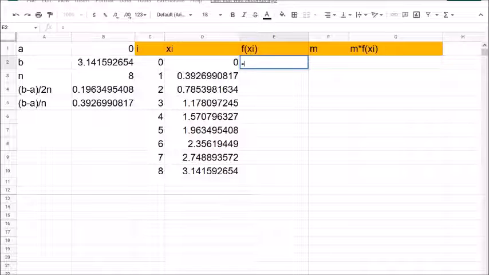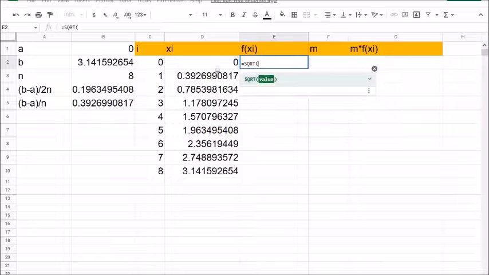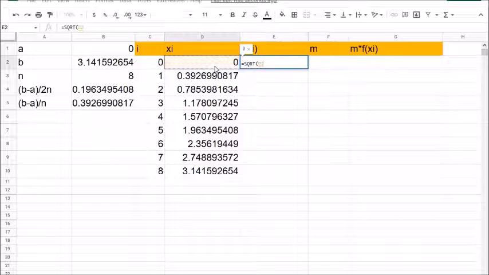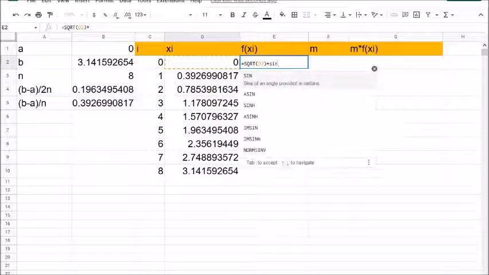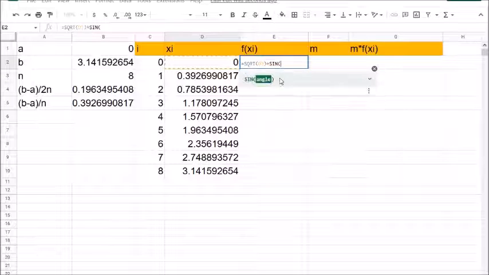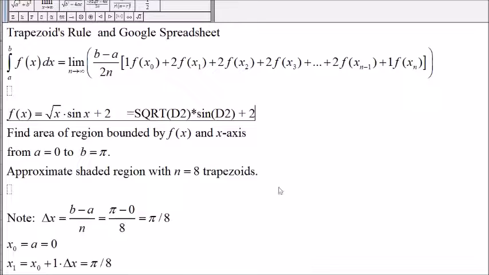So we do equal, and then square root is SQRT, and then again x of y is in the D2 column, and then times sine of x of y, and then plus 2.